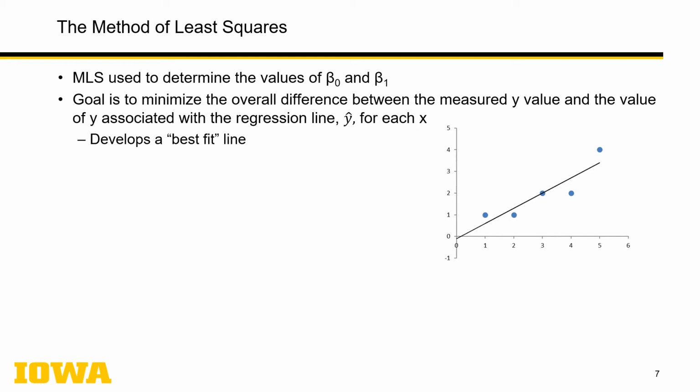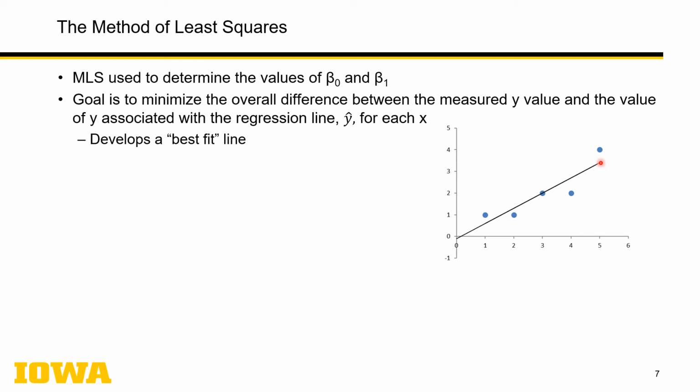Okay, now we're going to discuss the method of least squares. This is going to get us towards a best fit line. It is the method that's used to determine the values of both the slope and the intercept, beta naught and beta 1. Again, the goal is to minimize the overall difference between the measured value of y and the value of y associated with the regression line. So for example, over here, it is possible you could just do this by eye and just draw a line in that seems to do just that.